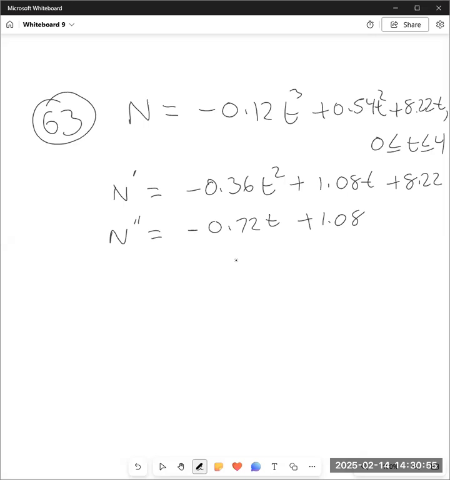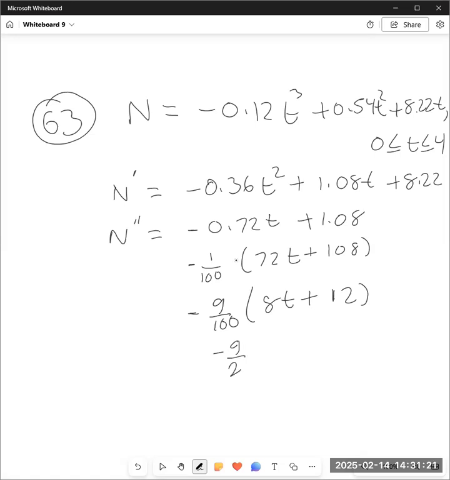I would like to make this negative 1 over 100 times (72t minus 108). I see a common factor of 9, giving 8t minus 12, which still has a common factor of 4. 4 goes into 12 three times, giving 2t minus 3.